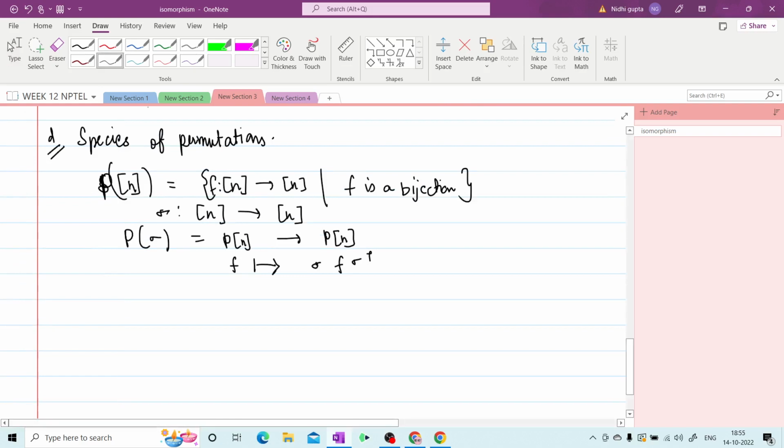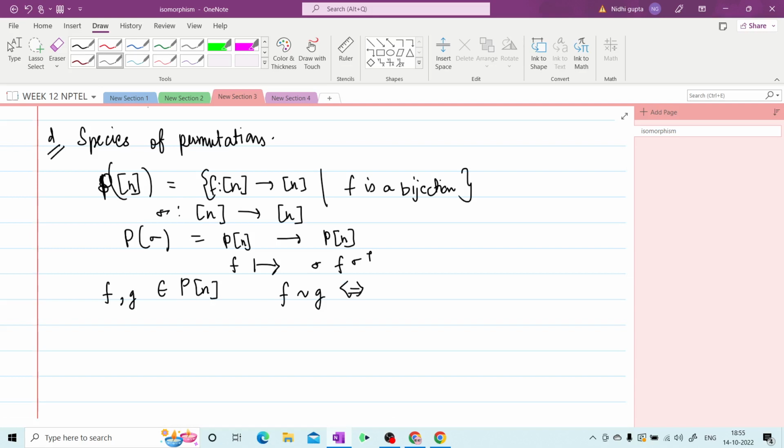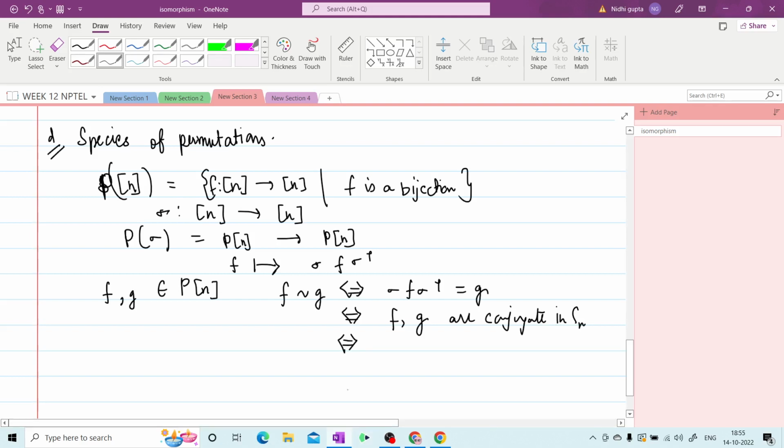If we have f, g two permutations on n, f is related to g, or equivalent to g, if and only if sigma f sigma inverse is equal to g, which is the same as saying that f, g are conjugate in Sn. In the last tutorial, or the second last tutorial, we saw that they are the same if and only if f and g have the same cycle type.